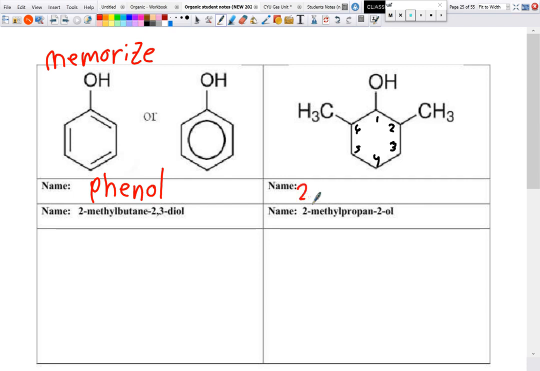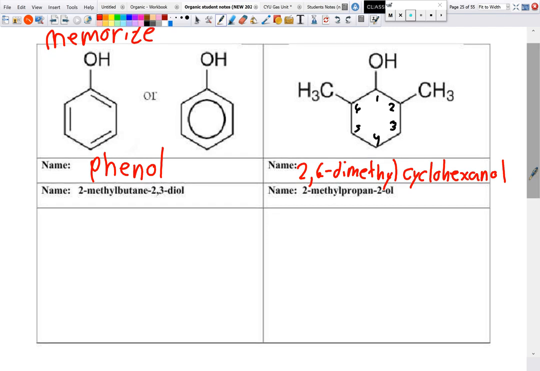So we go 2,6-dimethyl. Oops, that should be an L. Cyclohexane. Cyclohexanol.